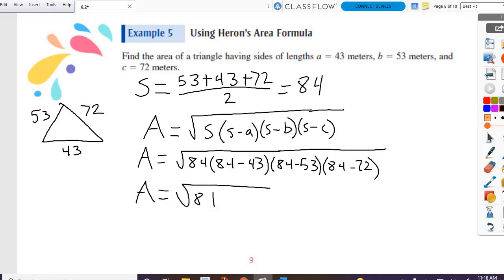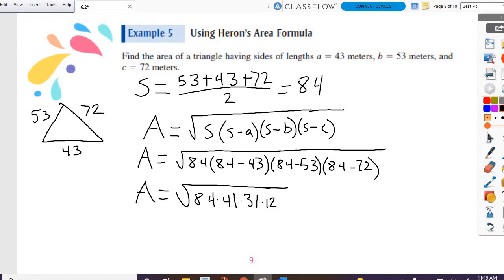So what is 84 minus 43? 41. 84 minus 53? 31. 84 minus 72? 12.